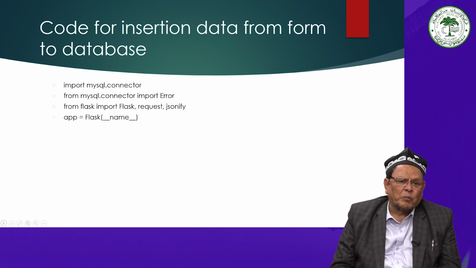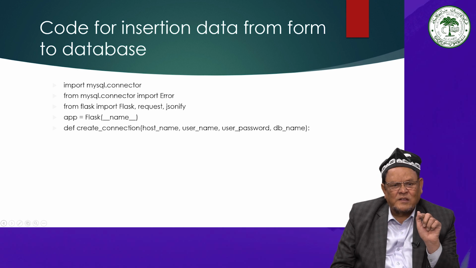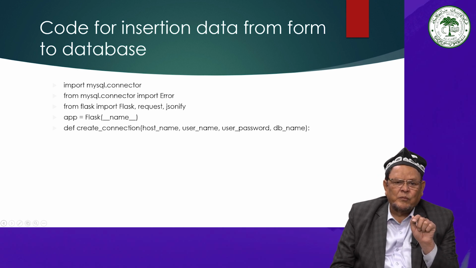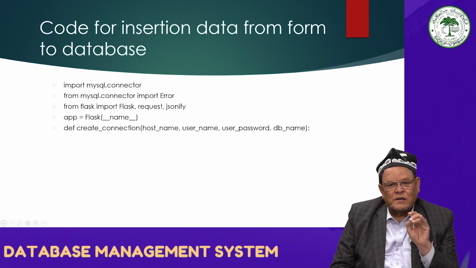Then you have to write app is equal to Flask, within parentheses underscore underscore name underscore underscore. Then you have to define create connection. Within parentheses, you have to write host name, username, user's password and database name.